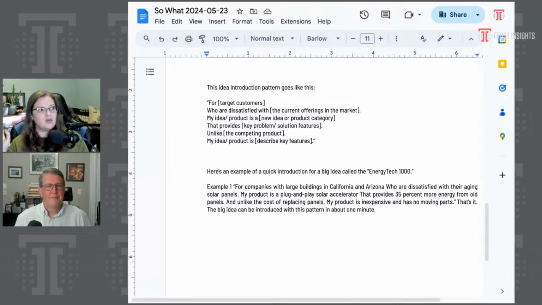Otherwise, they're like, I'm good. This doesn't apply to me. And so the second line here is who are dissatisfied with X. That really goes back to your ideal customer profile. It has to go beyond general demographics; you really need to understand the pain points and the motivations.